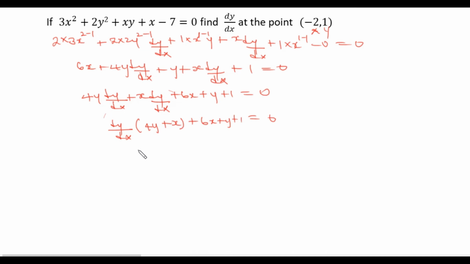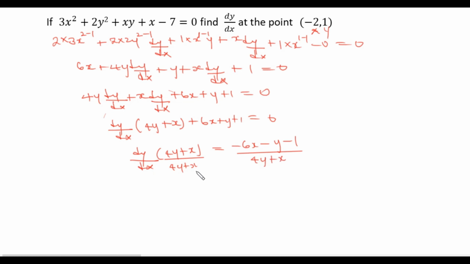We are left with dy/dx times (4y plus x) equals negative (6x plus y plus 1). So we divide both sides by 4y plus x.